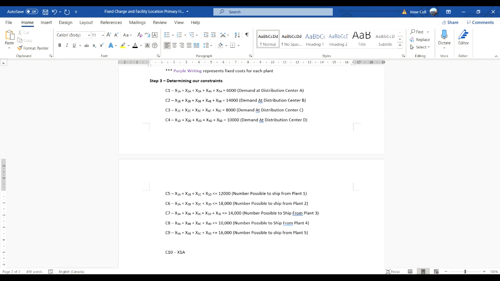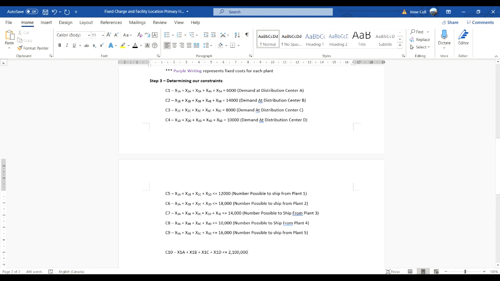x1a plus x1b plus x1c plus x1d must be less than or equal to 2,100,000.